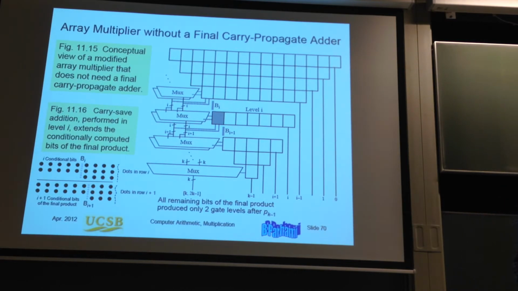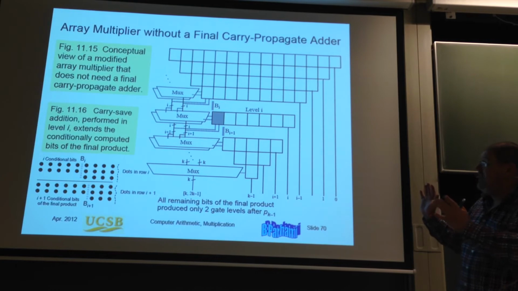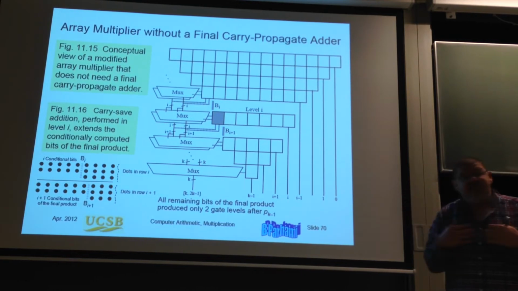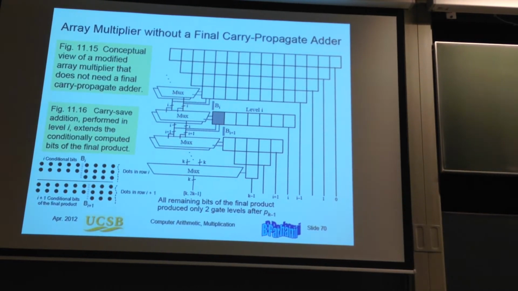Remember the carry select, where we computed the sum in two situations, one if carry is 1 and the other if carry is 0. Then we anticipated the calculation. Now what we do is we combine this concept with the concept of the array. And in this way, you do not have to have a final ripple carry adder.